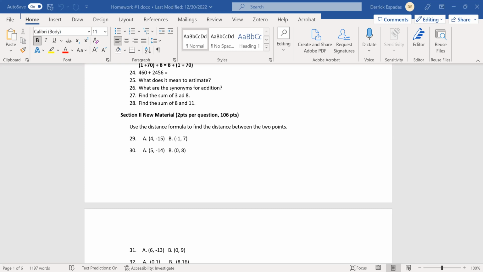So we start off with our x2 minus x1. So x2 is 1 minus 7. And then our y2 minus 13, minus a negative makes it a positive.